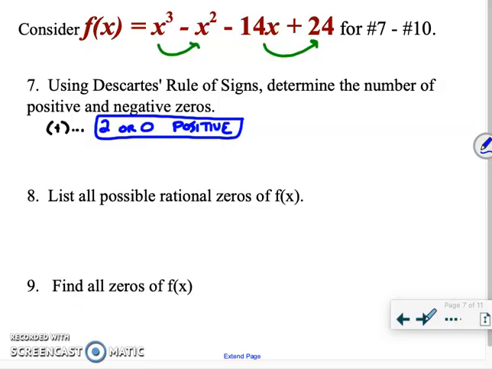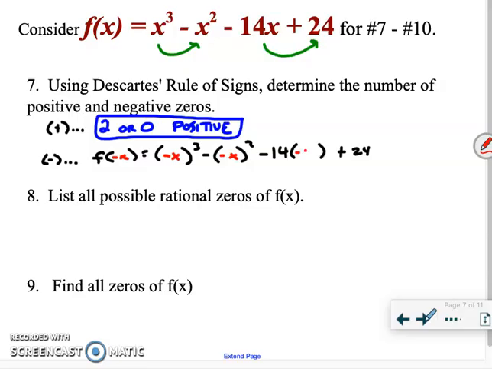When it comes to finding the negative real zeros, there's a little bit more work involved. I have to actually find f of negative x, which means that I rewrite my original function, x cubed minus x squared minus 14x plus 24, but everywhere that I saw an x originally, I have to put negative x and then reevaluate and see what the signs are going to be. If I take negative x and cube it, I'm going to end up with negative x cubed.